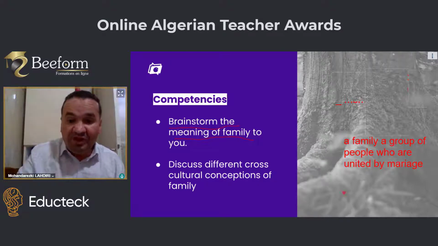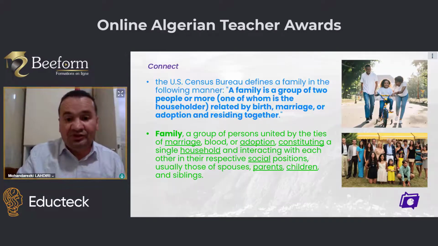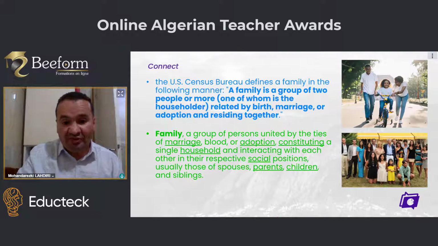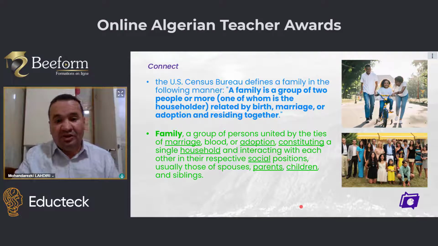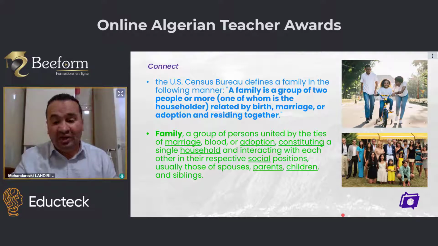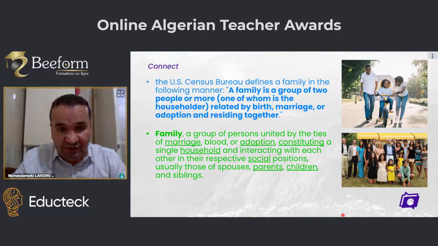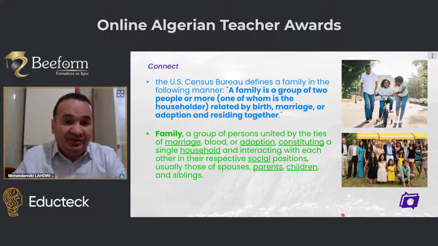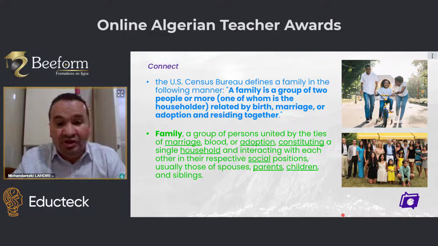Therefore, I'm going to list some examples of the word family to see how family is first defined, and then I will ask you some questions about some cases that I will give you afterwards. So the first thing is, according to the standards or the universal definition of the word family.